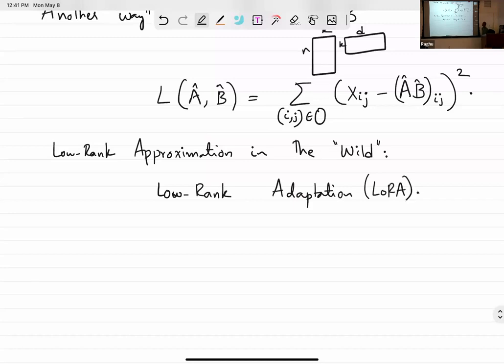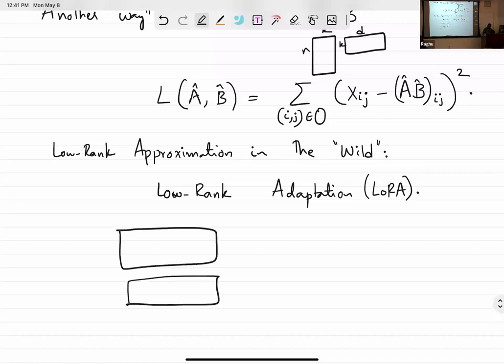So what this means is, imagine you are some company which is working on some giant model, like a large language model, right? And it's designed to do something. You have a bunch of weight matrices.